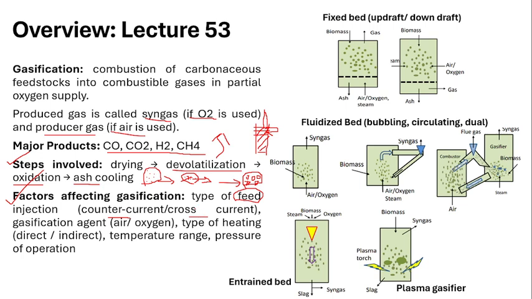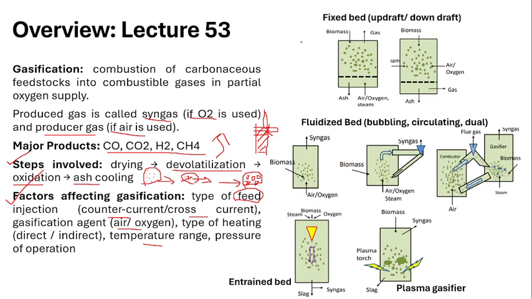Okay, the type of feed injection, and then what type of gasification agent we are using, whether pure oxygen or air, and then the type of heating, like direct heating or indirect heating, and then what is the temperature range and what is the pressure of operation. So all these factors are going to affect the gasification process.